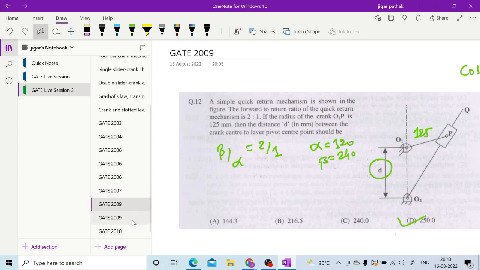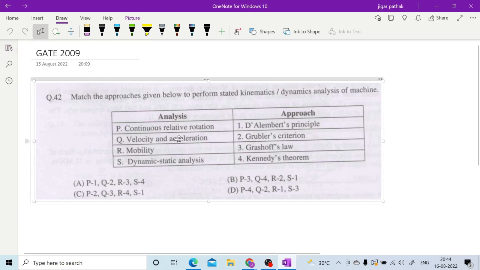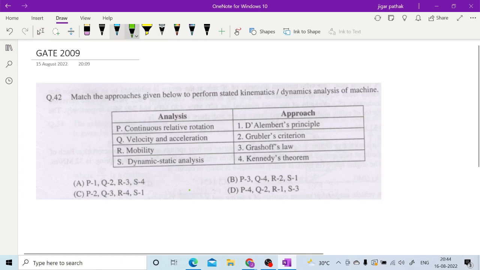This also we have solved. After that, this one is again a very simple question. Continuous relative motion. Can anyone try this one? Continuous relative motion we have seen just now. Which law states continuous relative motion?